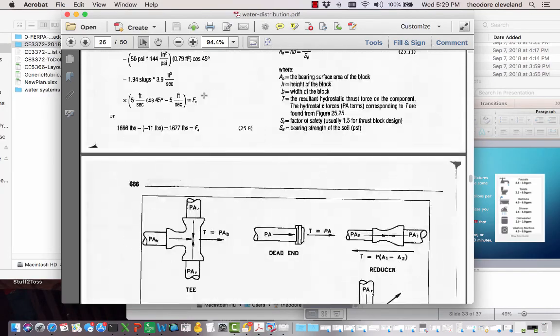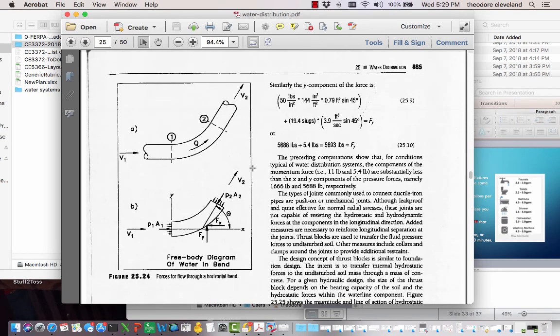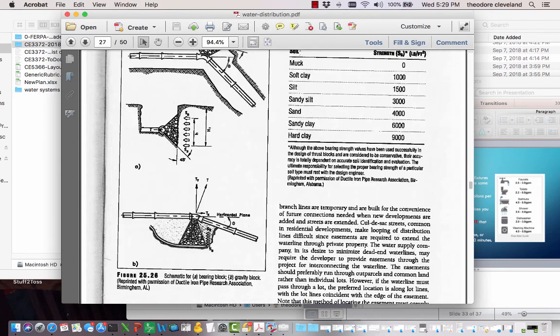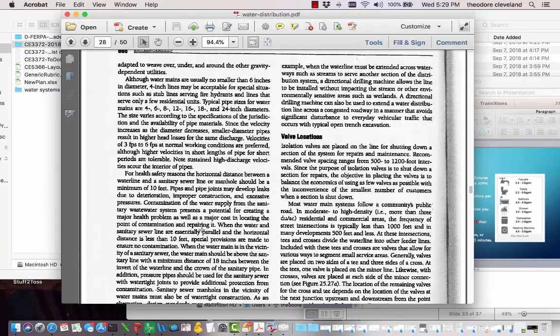Oh, let me scroll up here briefly. Here's an example of why we want to control velocity, because we can have substantial forces as we make water flow through a horizontal bend, just from the momentum transfer alone.